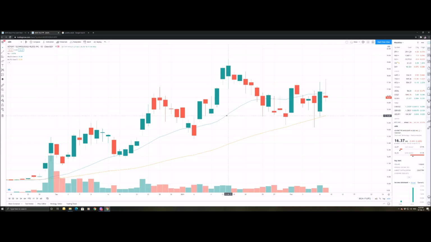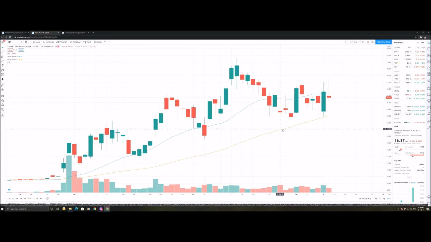And if we see it dip below a longer period of time moving average, such as the 50-day, that confirms that significantly more. Effectively, if it drops below the 50-day moving average, that confirms that we are in that downtrend. So it is a much more significant meaning.